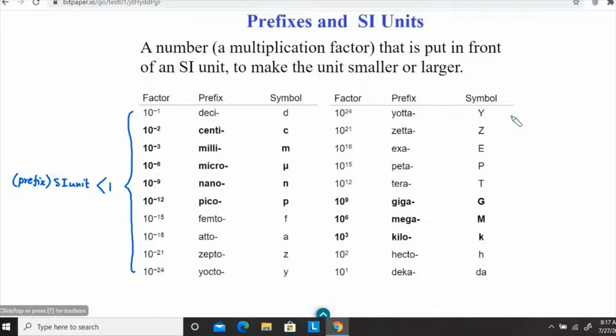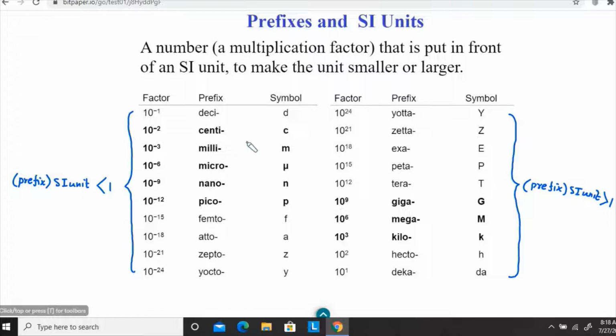However, on the right hand side, you can see another group of prefixes. So here, when you multiply the prefix by the SI unit, then it's greater than 1.